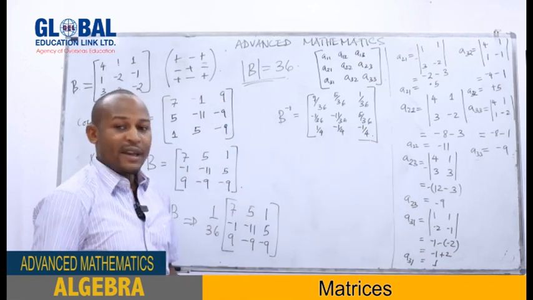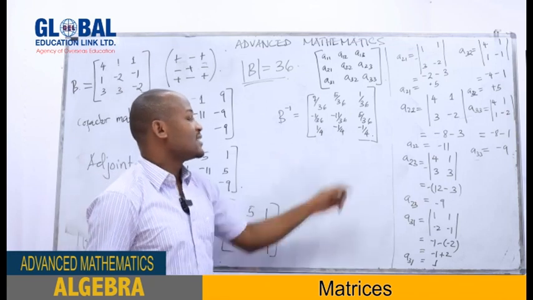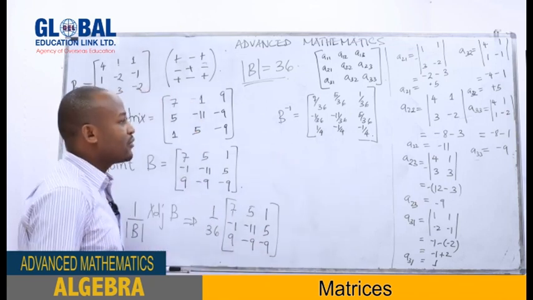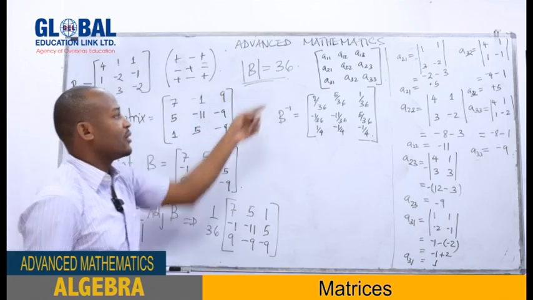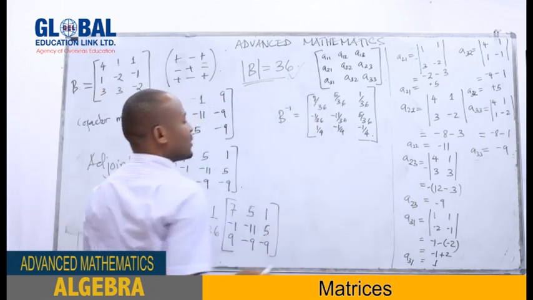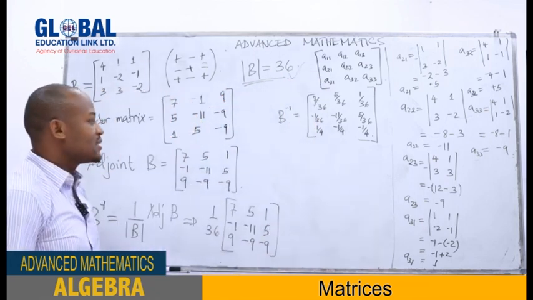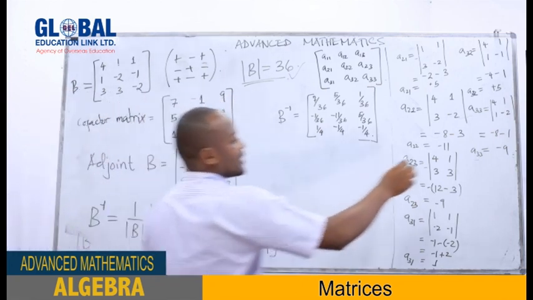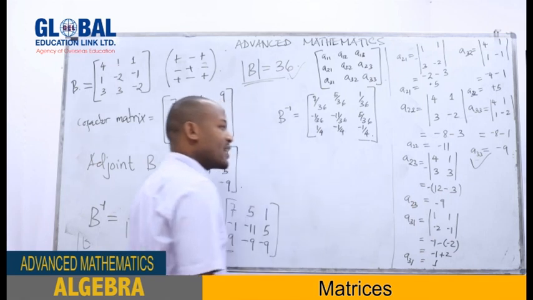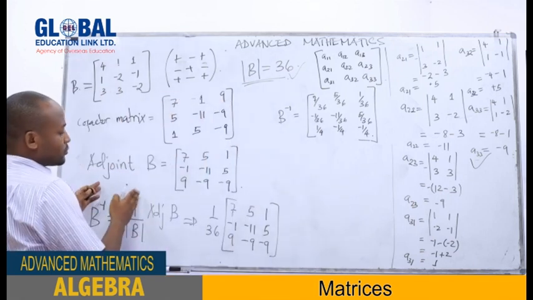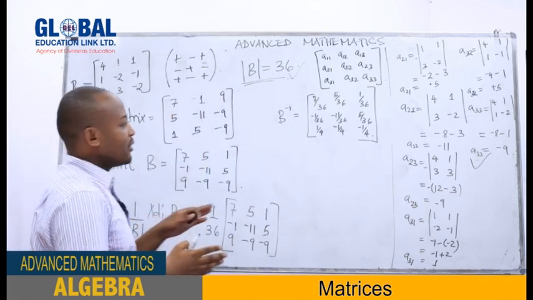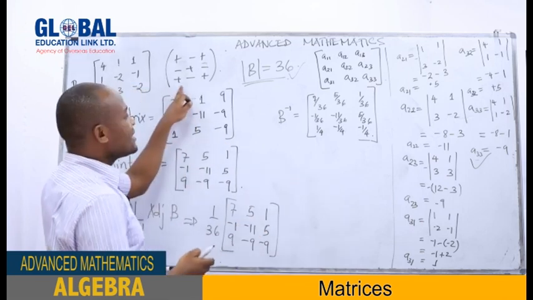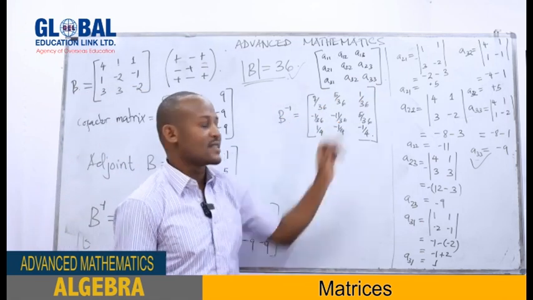So, my dear student, this is how we find the inverse. First of all, you have to find the determinant, and we did that. Then we started finding the cofactors. When finding the cofactors, remember the pattern and the position of those cofactors.